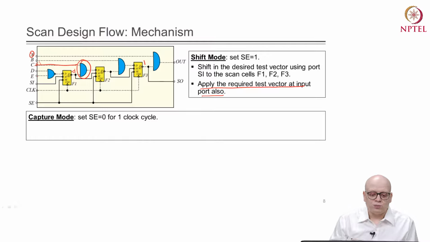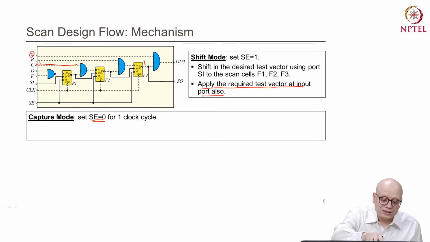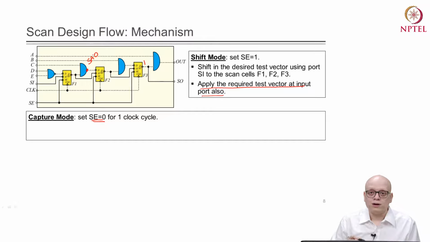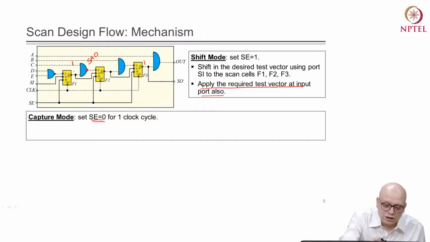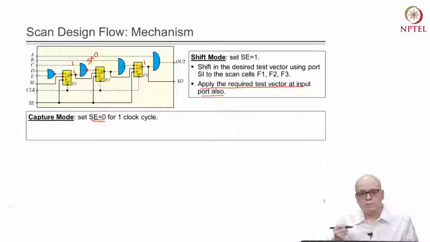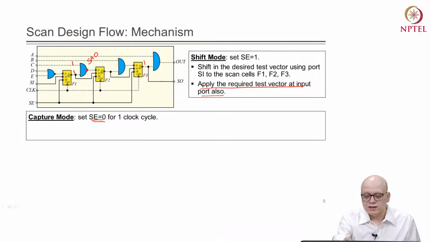In the capture mode we set scan enable equal to 0, for one clock cycle. Now, what happens in that case is that, suppose there was a stuck at 0 fault at this point, and we had loaded the 1, 1 pattern, or we had applied this pattern during the shift mode.